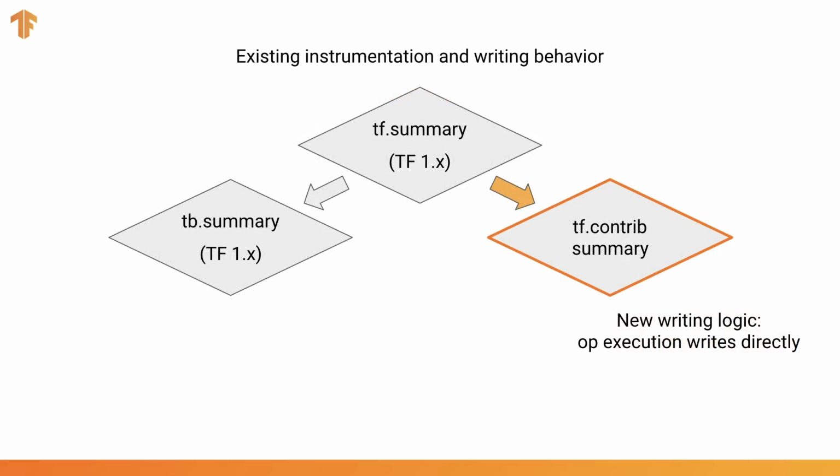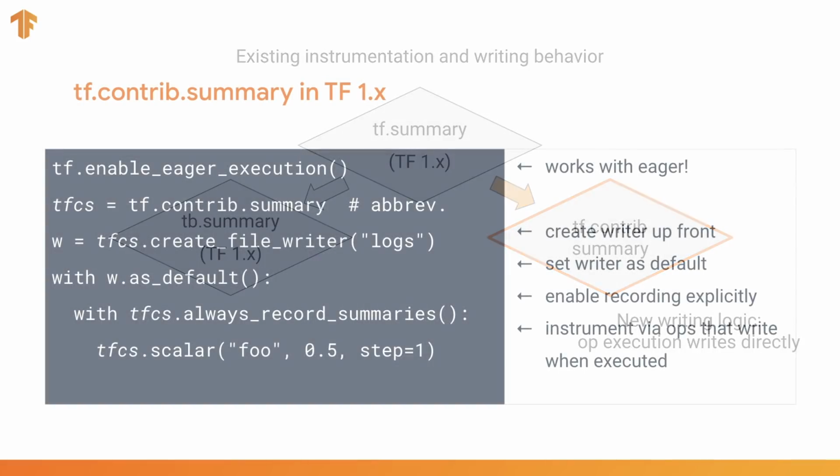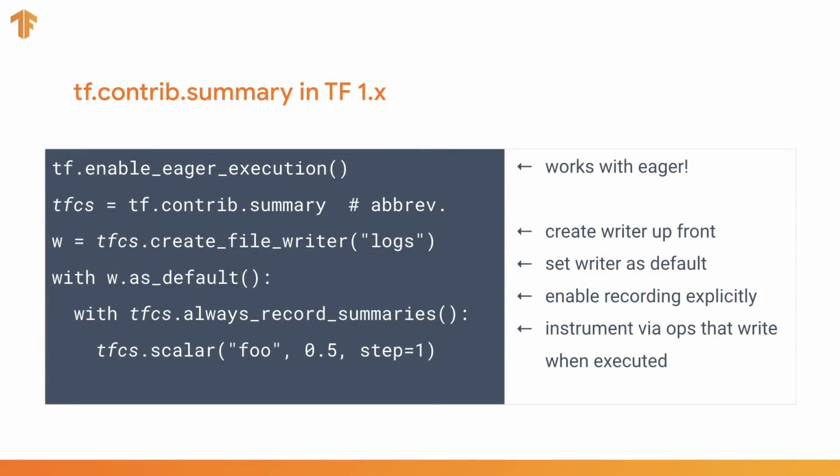And so this brings us to tf.Contrib.Summary, which has new writing logic that achieves this. And here's a code sample for tf.Contrib.Summary, which looks pretty different from the original tf.Summary. It works with eager execution, but the change we have to make is that now we create a writer up front via create file writer.